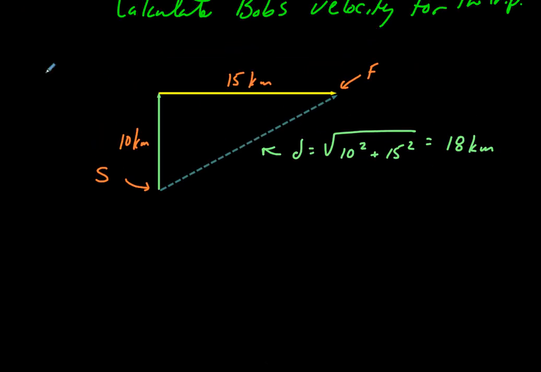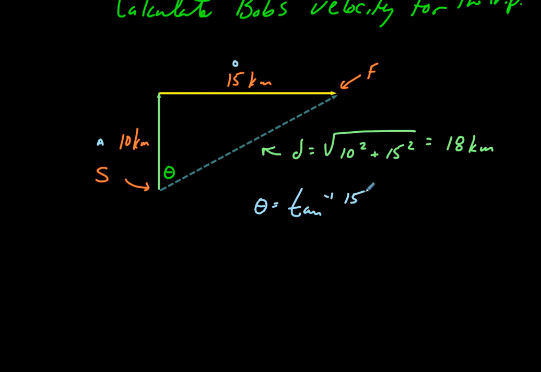So far so good. Now what we need to do, though, is we need to figure out at what angle, or what heading, if you want, Bob's going to go at. All right, so we're given the opposite, and we're given the adjacent sides of this triangle to work with. So theta then is going to be equal to the inverse tan of your opposite divided by your adjacent.